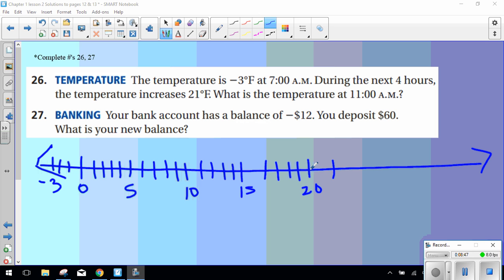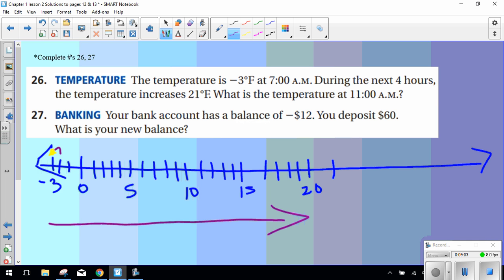So the question says we're starting at negative 3. We are starting all the way down here. And we are increasing by 21. So what we're going to do is go towards the right and count 21 sections.